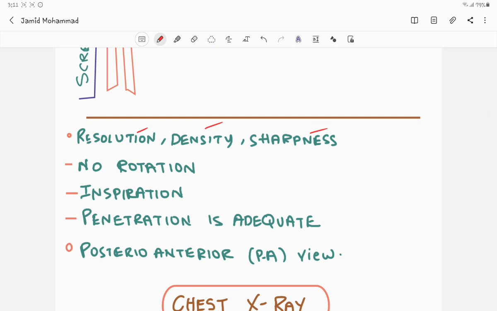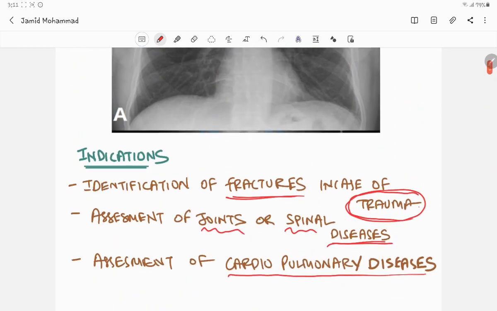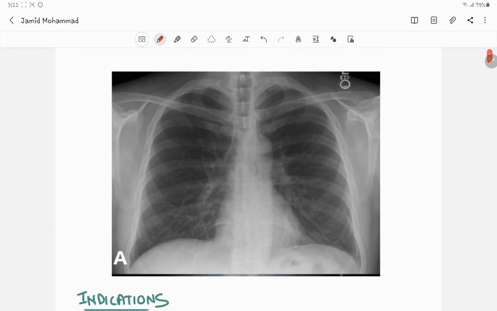Everything is fine in this, and there is also no rotation of the patient. If at the time of performing an X-ray, the patient has shown some kind of involuntary or voluntary movements, then the X-ray of that patient will not be proper. So in order to consider this as a properly taken X-ray, we can see the clavicles of the patient.